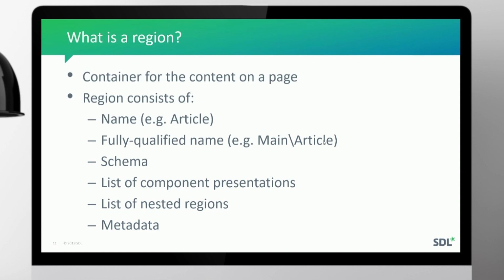And last but not least, each region may have associated metadata. It is important that for each region we might define additional metadata that can be used, for example, during rendering, or even passed to the UDP side, to the content delivery side, and used there. I will demonstrate an example of this in the DXA.